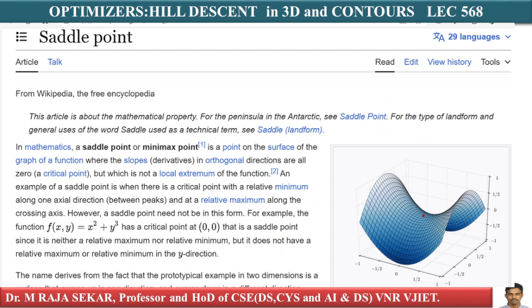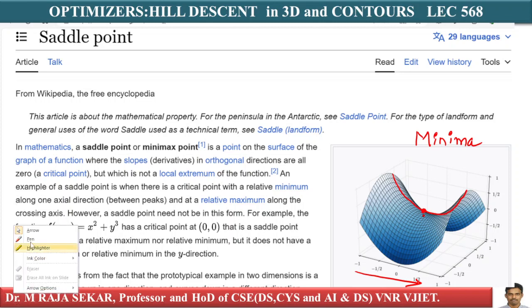Just try to recall the saddle point we discussed. What is the minima for this saddle point? If you take this direction, if you come here, this is a minima. If you come from here, this is a minima.